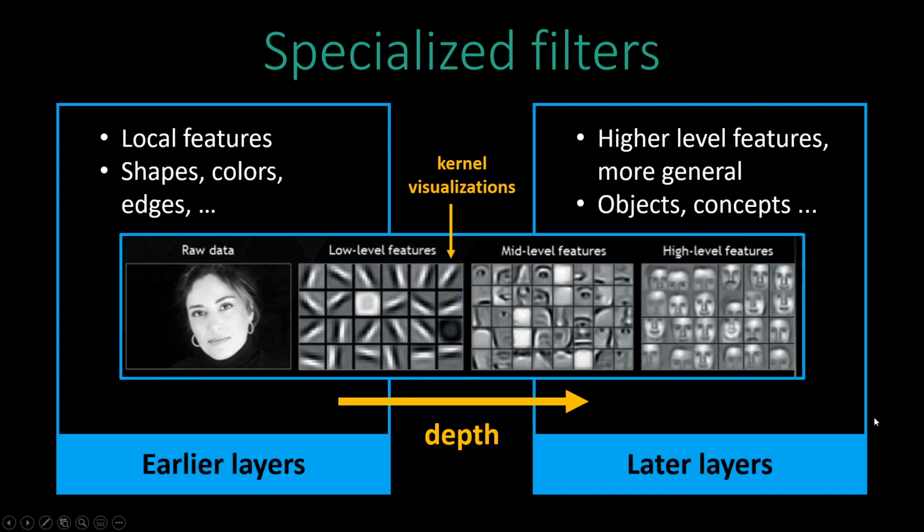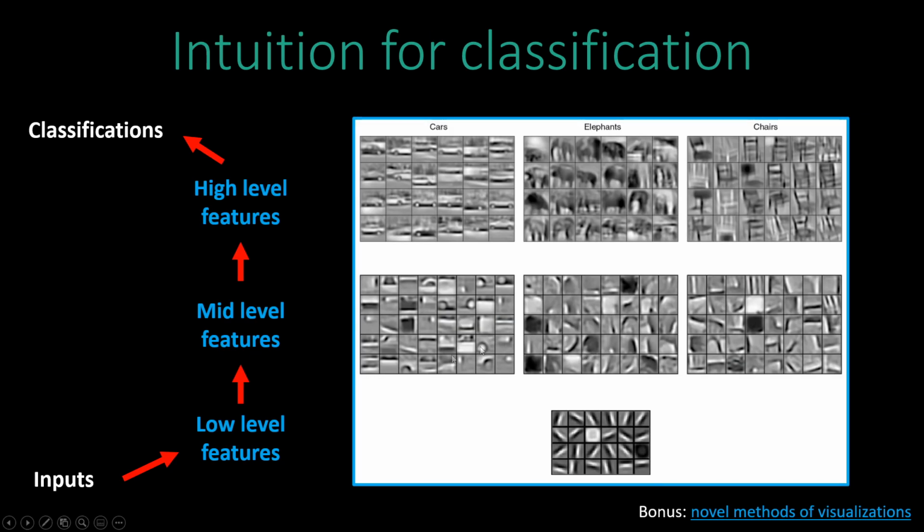So if we show this again on some different types of data, this is basically the same type of visualization, but for cars, for elephants, or chairs. We can see more or less the same early level, low level features in the first layers, because all of those types of objects would have these edges.